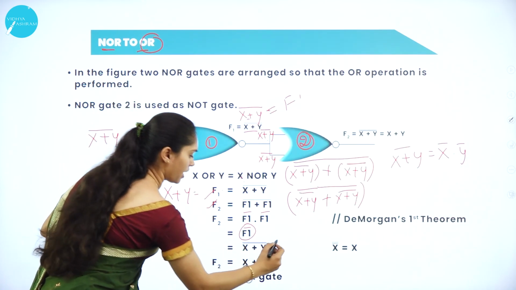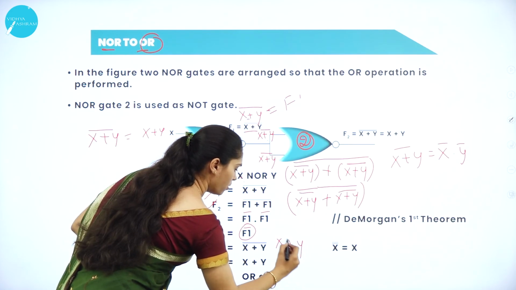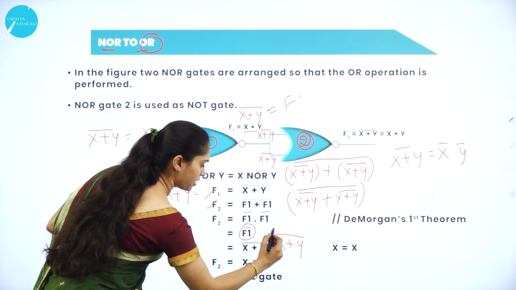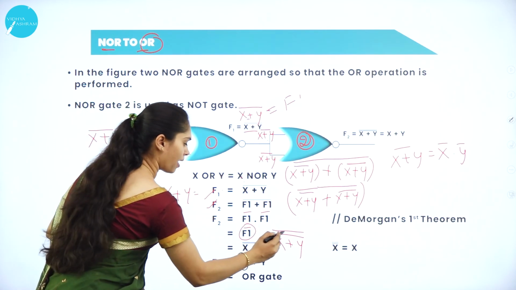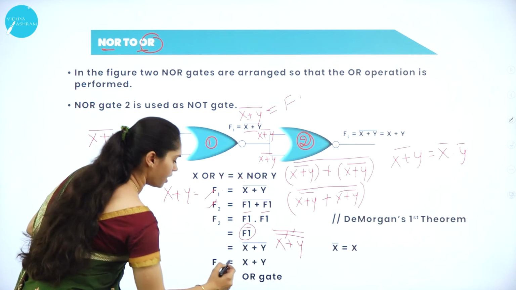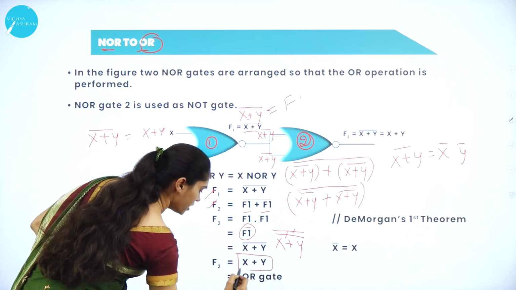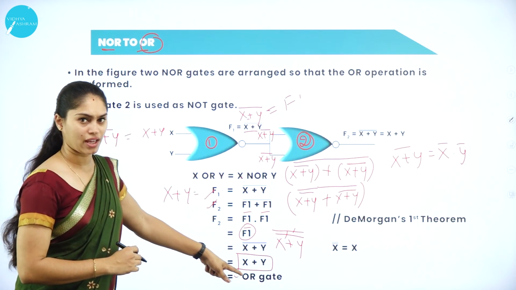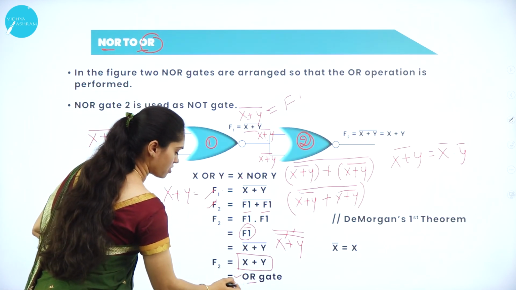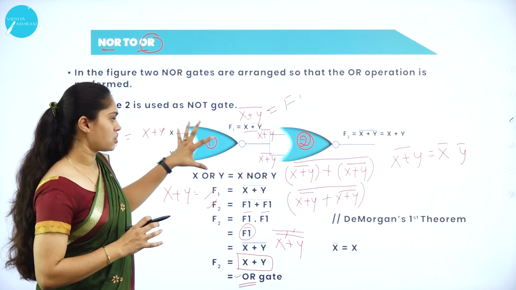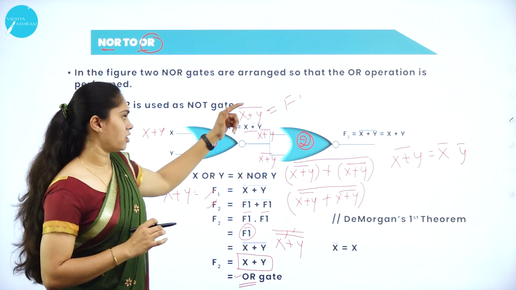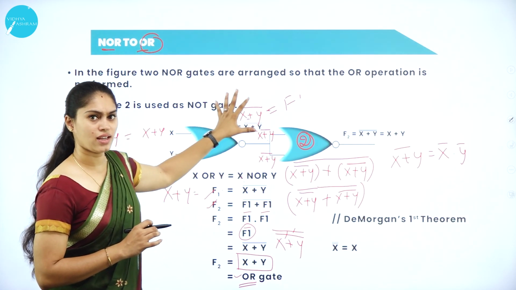F1 value is (X plus Y) whole bar, and I have a bar here so that it will be recomplemented. The bar and bar will get cancelled. At last I end up with X plus Y, and this gives us the OR gate. So we have two inputs. When I use this NOR gate, (X plus Y) whole bar is my output.